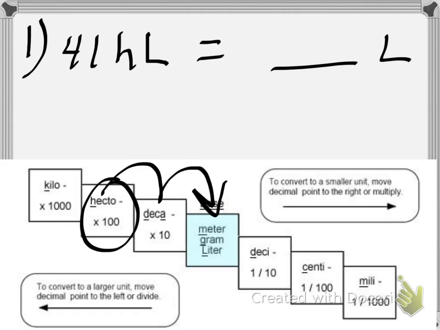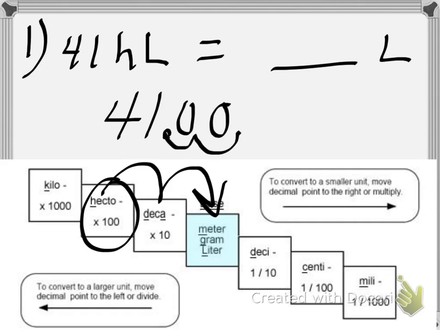So two places to the right. Our decimal point always goes at the end after the ones place, and then we're going to go two places to the right and add 2 zeros. So 4,100 liters. Once again, 2 humps, so 2 zeros, multiply it by 100, and we're going to have our answer.